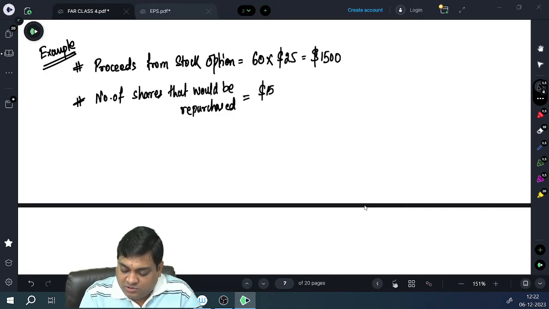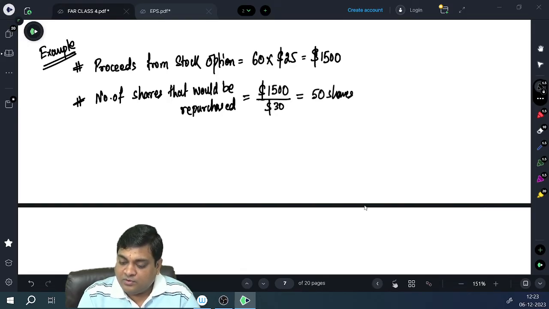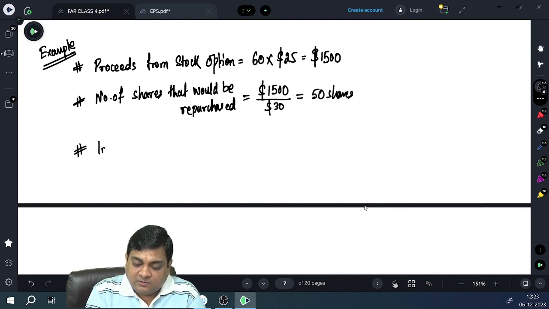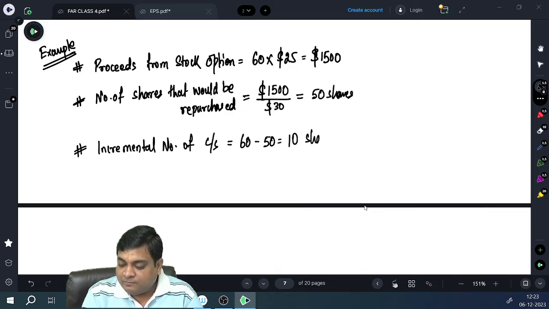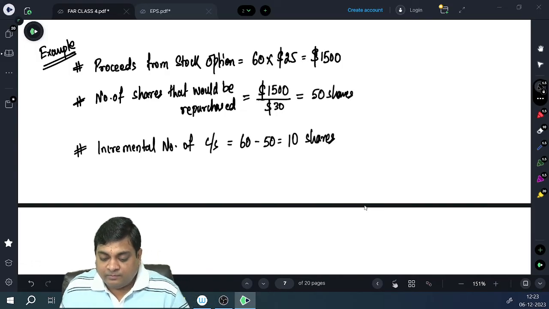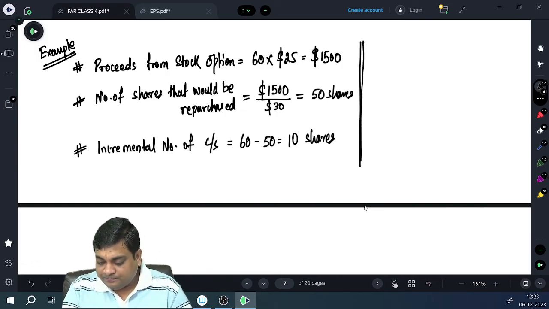So I have to use these proceeds. So that comes to 50 shares. We can do this by formula also.